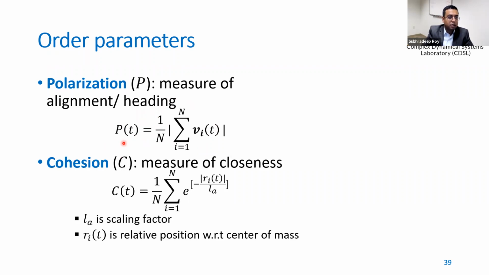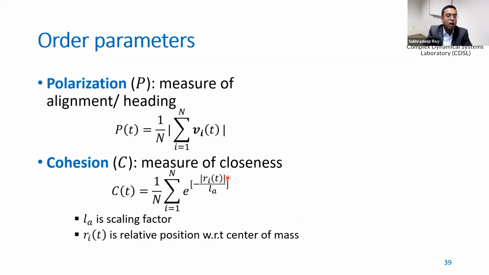The other order parameter that we're going to use to measure the group level behavior is cohesion, which is defined here. Cohesion is basically how far the particles are distributed. When we have the particles accumulating at the center of mass, R_i, which is a measure of the relative position of the individual particles from the center of mass, R_i would be 0, c to the power 0 is 1.